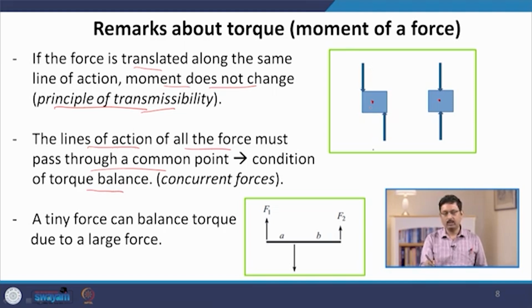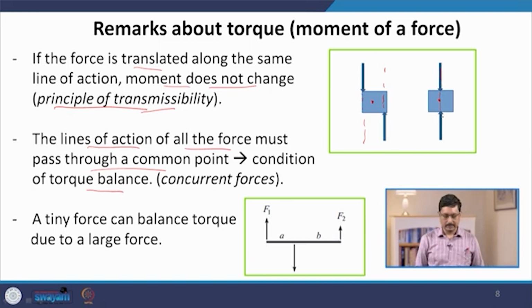The lines of action are parallel, they are not intersecting each other, and hence the total torque is not 0. In the right hand side picture, both the lines of action pass through the center of the object, and it is clear from experience that in this case the torque produced by the top force and the bottom force must be equal and opposite.